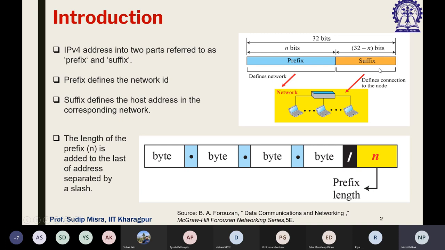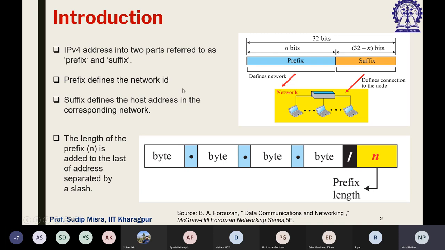One is the prefix, the other one is the suffix, right? The prefix part helps you define the network, and the exact node or host is defined with the help of the suffix. If the prefix part is n bits, obviously the suffix part is going to be 32 minus n bits.